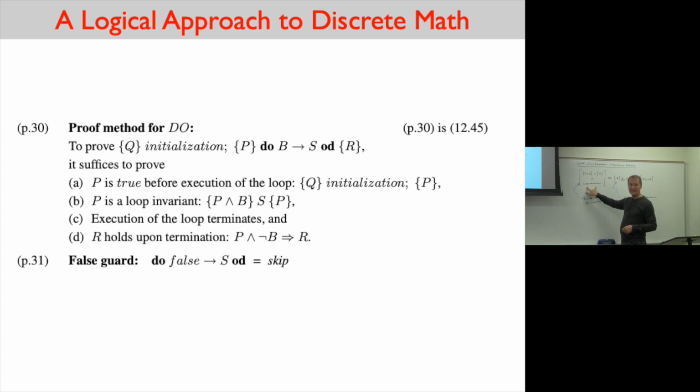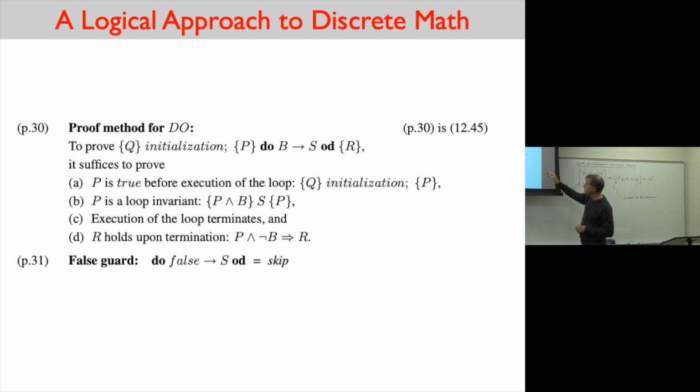That the loop terminates. Okay? Are you with me? So here you have to prove that the loop terminates. And then the last thing that you have to prove is that R holds upon termination. In other words, you have to show that P and not B implies R. And because what is R?